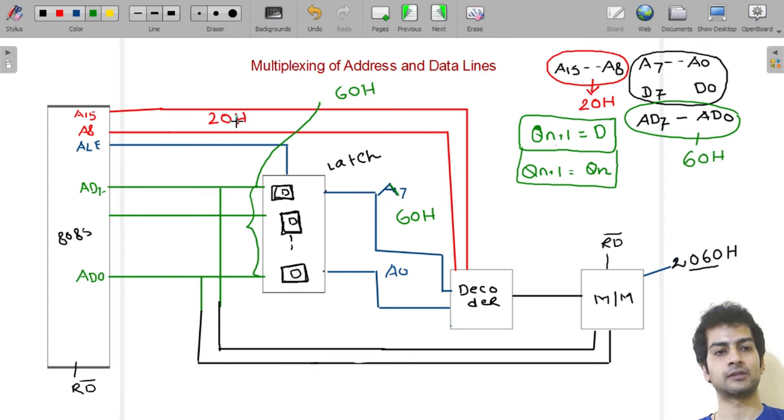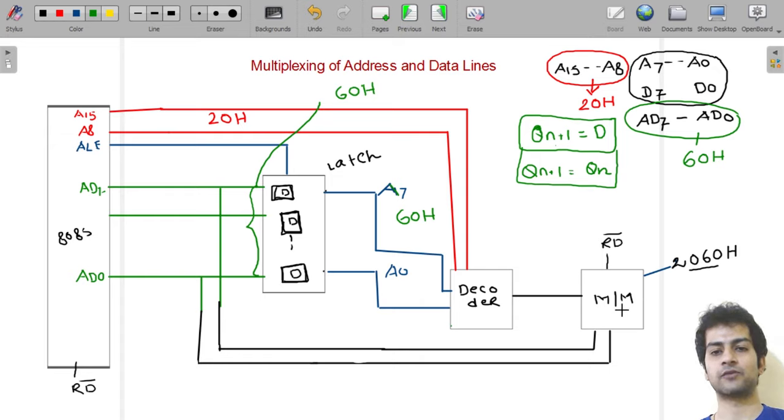So now this 20H was already present at the decoder. Now this 60H will also come at the decoder. Now the decoder will give a single output and it will energize this memory location.